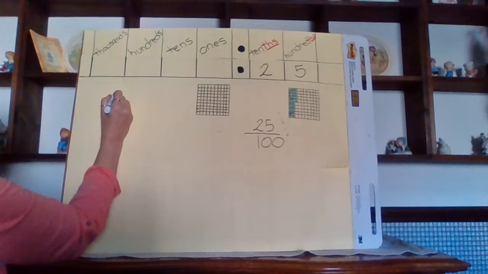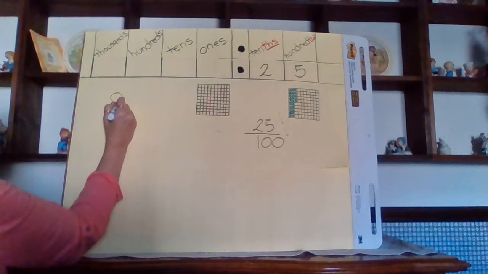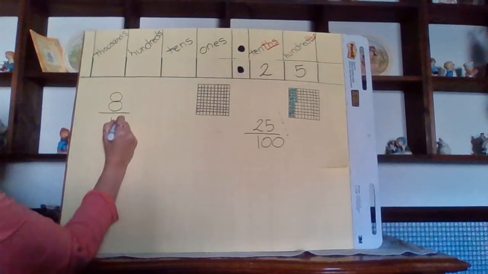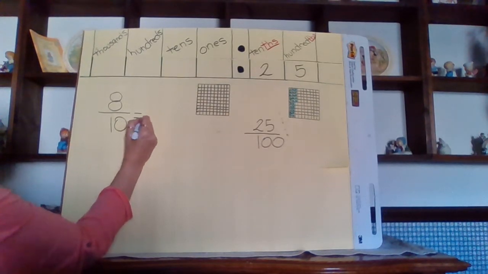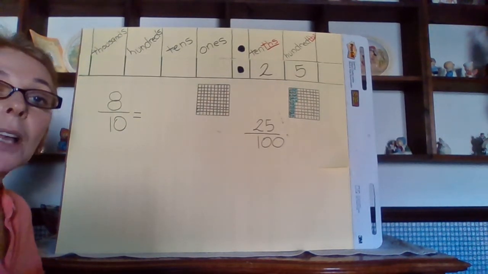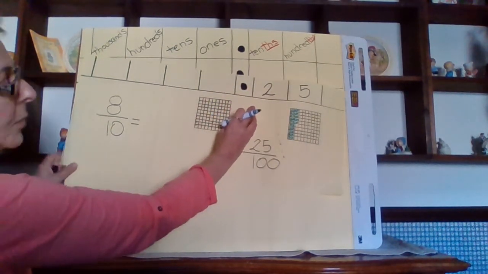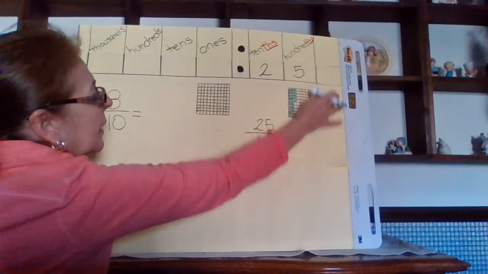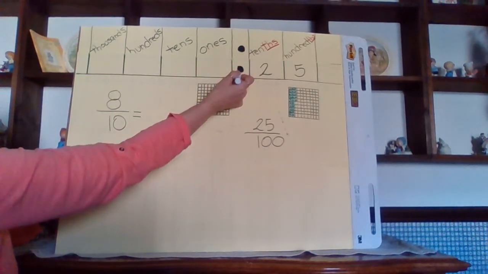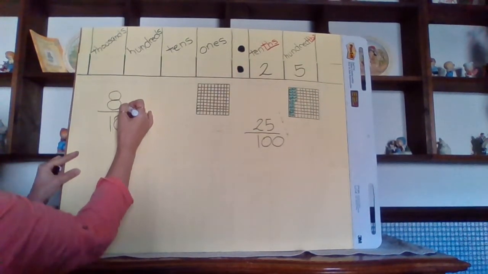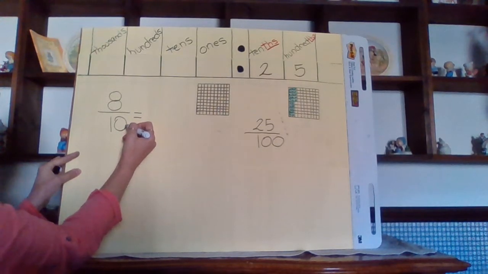If I have 8 out of 10, how could I write that as a decimal number? Well, I'm going to have my decimal point, and I want 8 in the tenths place.